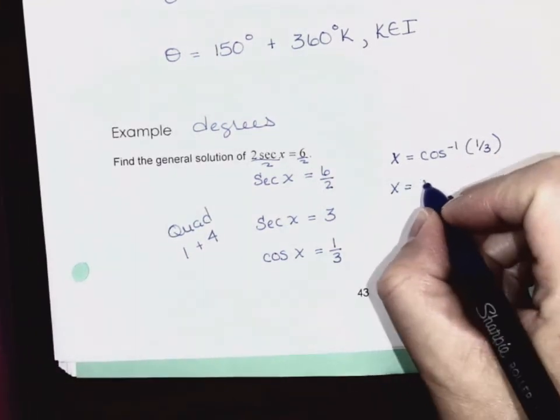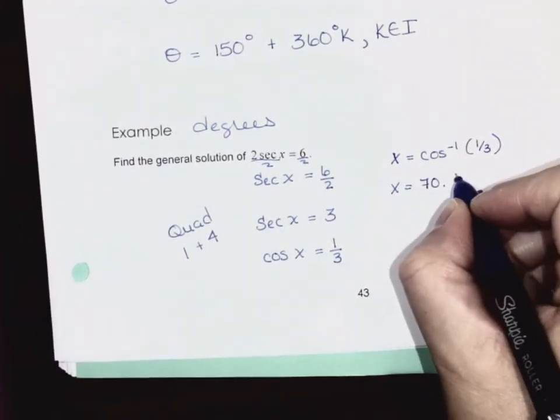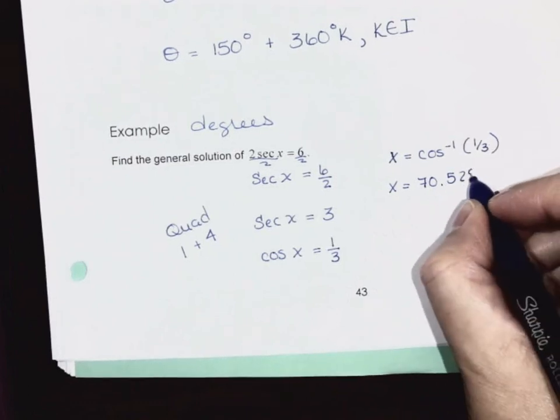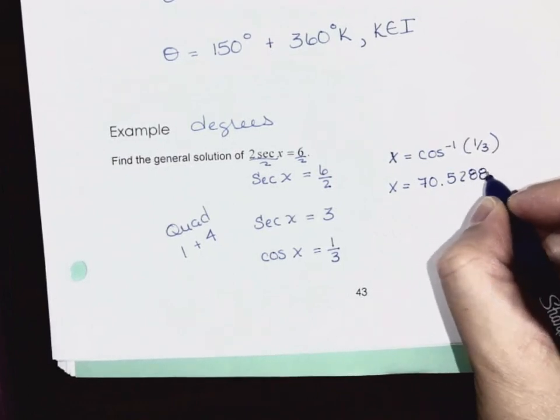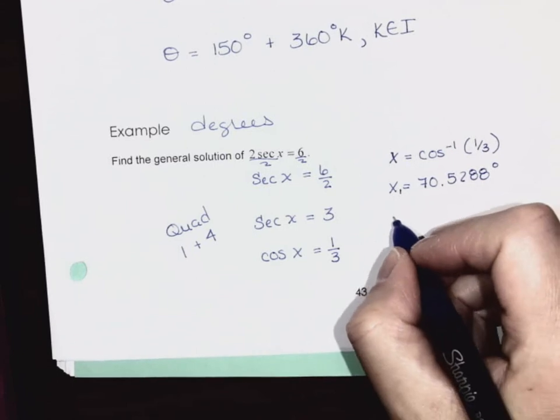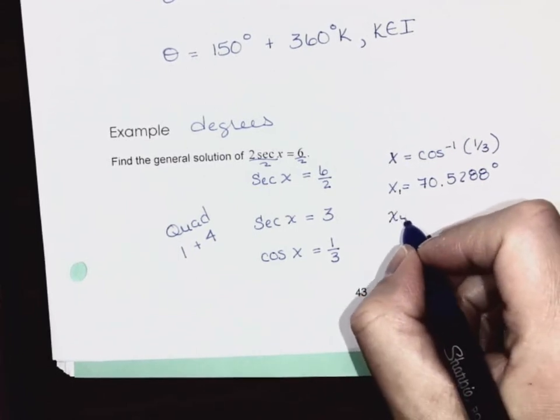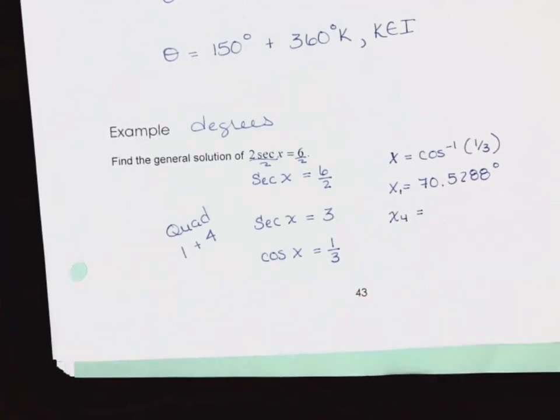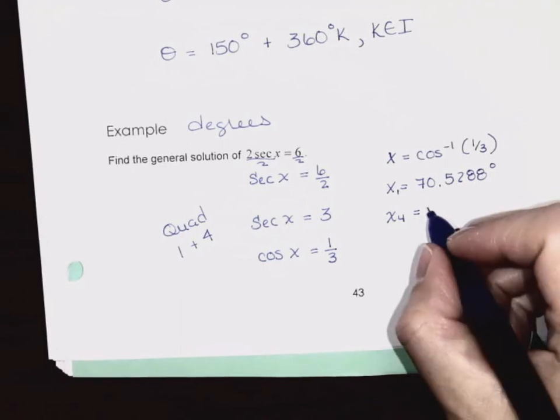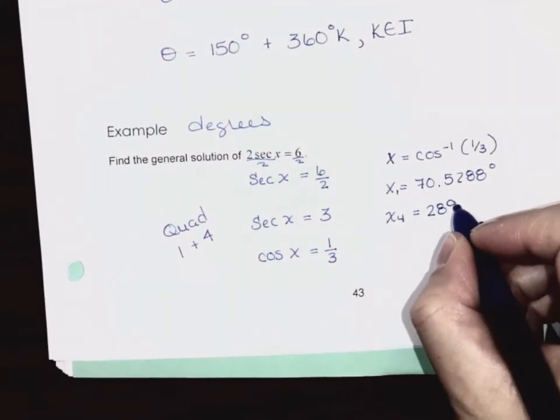So my first one is 70.5288 degrees. So that's in quadrant 1. What's my answer for quadrant 4? Okay. So 360 minus that. See, it's so much easier with a calculator. 289.